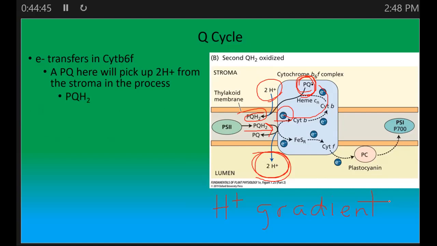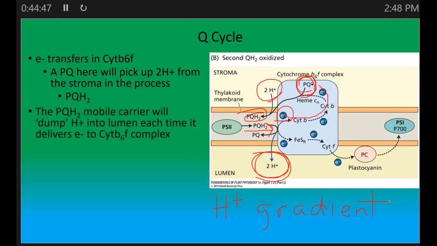All right, so each time a PQH2 mobile carrier comes along, it's going to do this. It's going to give 1 electron off to the linear route, 1 electron into the Q cycle. And when that PQ gets 2 electrons, it says, all right, I got my 2 electrons, I'm going to grab 2 protons from the stroma.